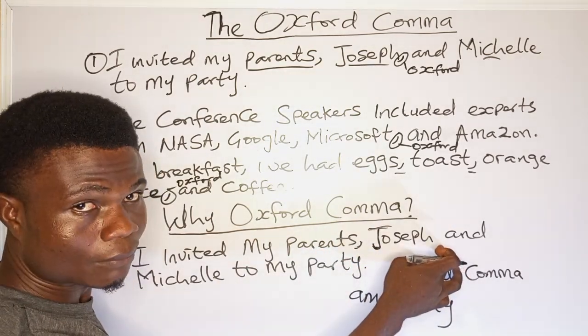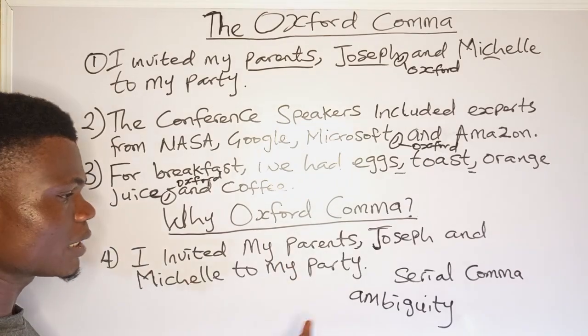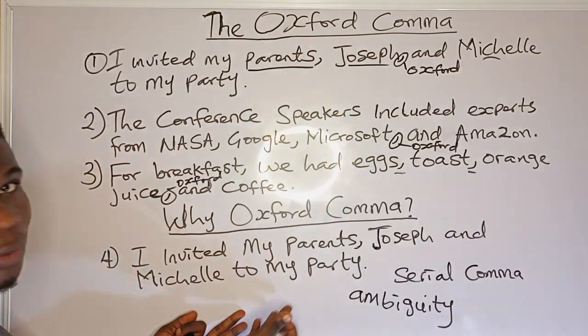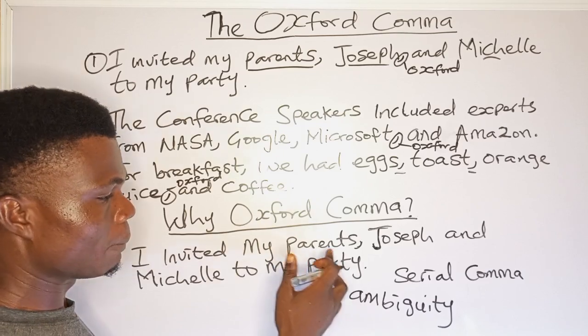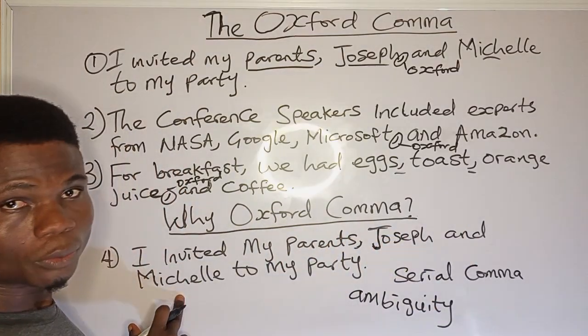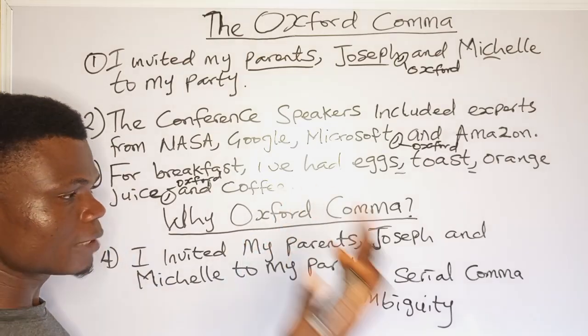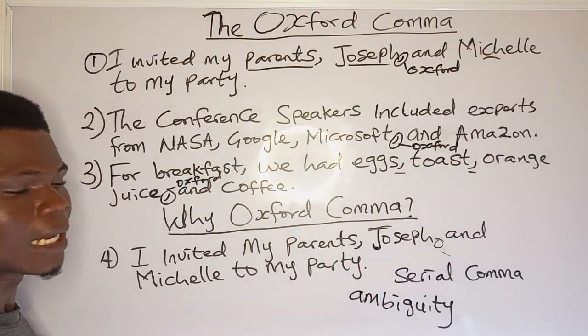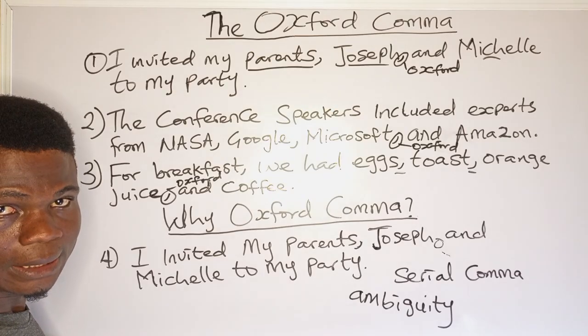And it could also mean that I invited my parents, Joseph and Michelle, to my party. So possibly that is what I want to say, that 4 persons were invited. Instead of saying that, the absence of the Oxford comma here creates a kind of ambiguity in the sentence. Do you get it now?